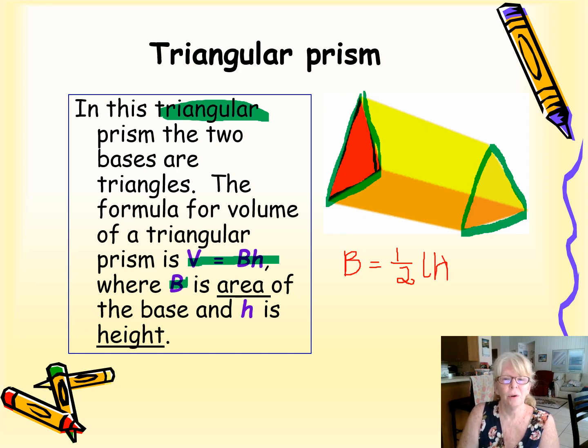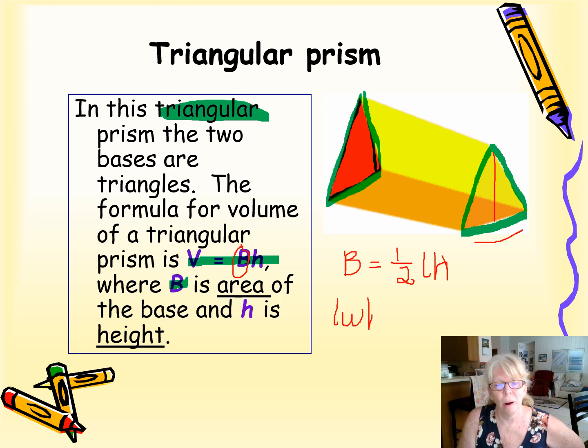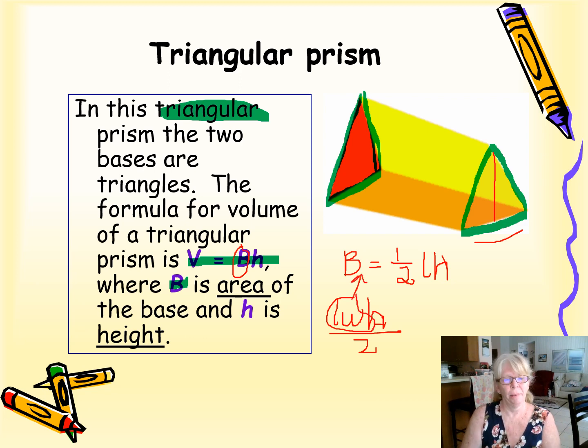So you would have to know the height of the triangle, and you would have to know its base and divide by 2. That's where the big B comes in. It just kind of shrinks the formula a little bit, but you could also say length times width times height divided by 2. That would not be a problem. Oh, that's an H, by the way. And then divide by 2 because your length times width is your capital B. Okay, so we'll solve some of these in just a little bit.